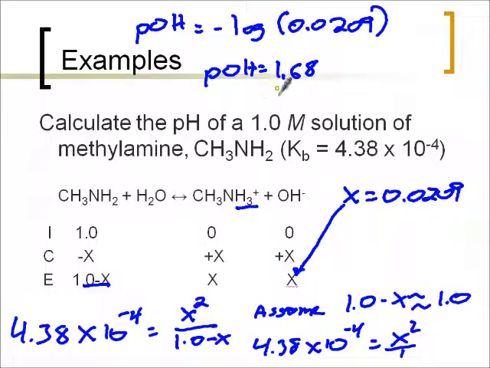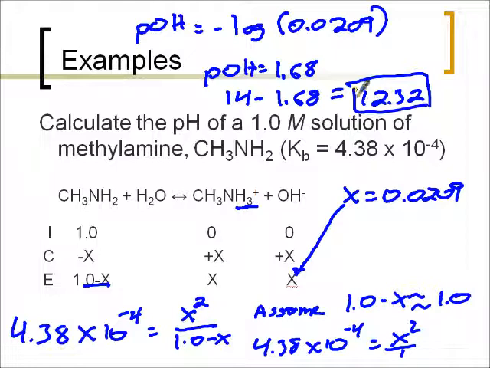But then we have to find pH. So 14 minus 1.68, and I'm going to get 12.32. So that will be your answer. If you forget that you're calculating pOH, and you get a pH of 1.68, but you're dealing with bases, there's definitely something wrong with that. Okay, there we go. Hope this helps.